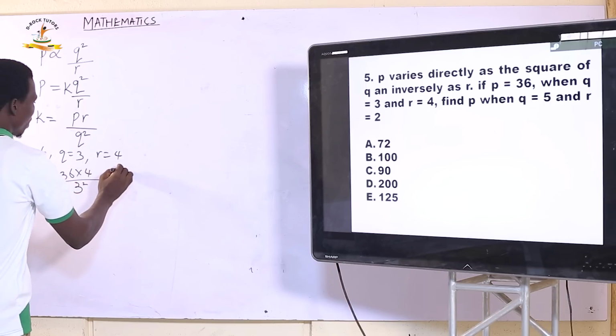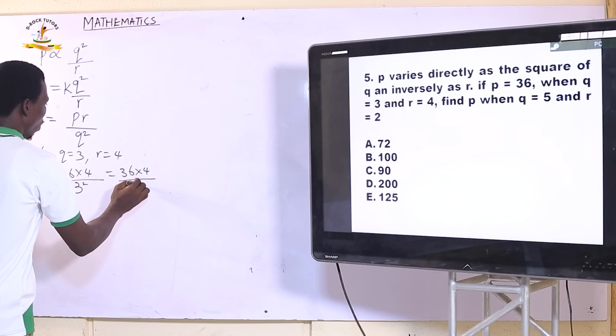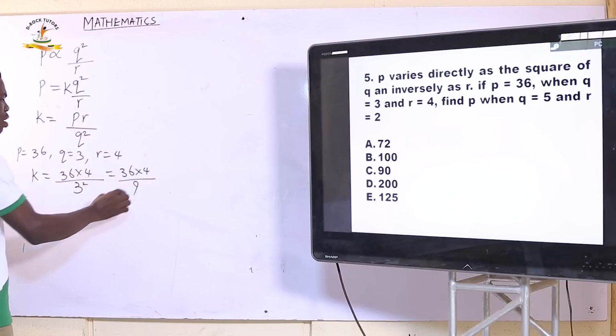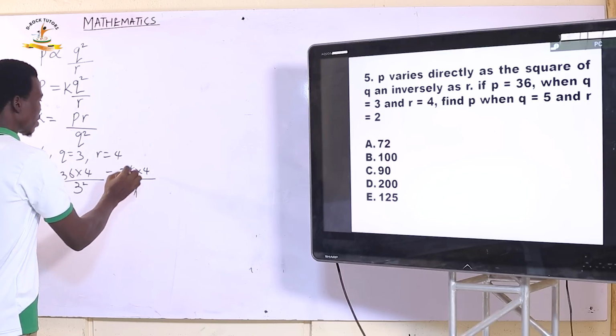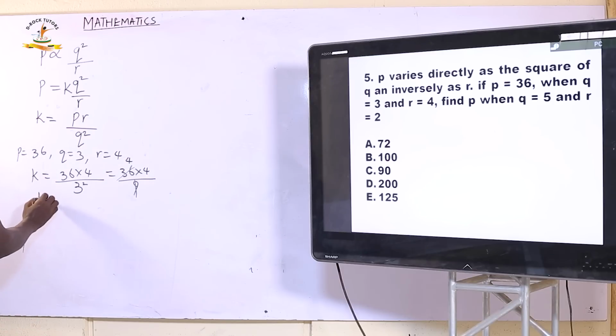This is 36 multiplied by 4, all by 9. You know 9 goes into 36 how many times? 4 times. So my K happens to be 4 times 4, and this is going to be 16. So my K is actually 16.